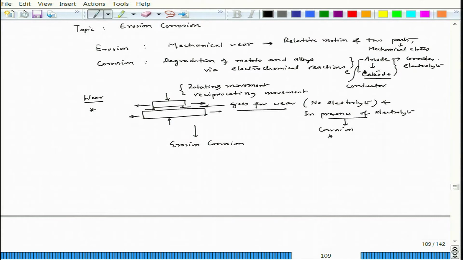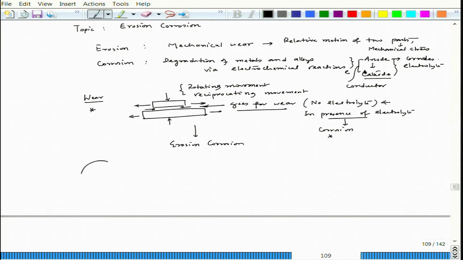And to test wear you can do different kinds of tests, but there are two very popular kinds of test methods. One is pin on disc, another one is simple reciprocating kind.